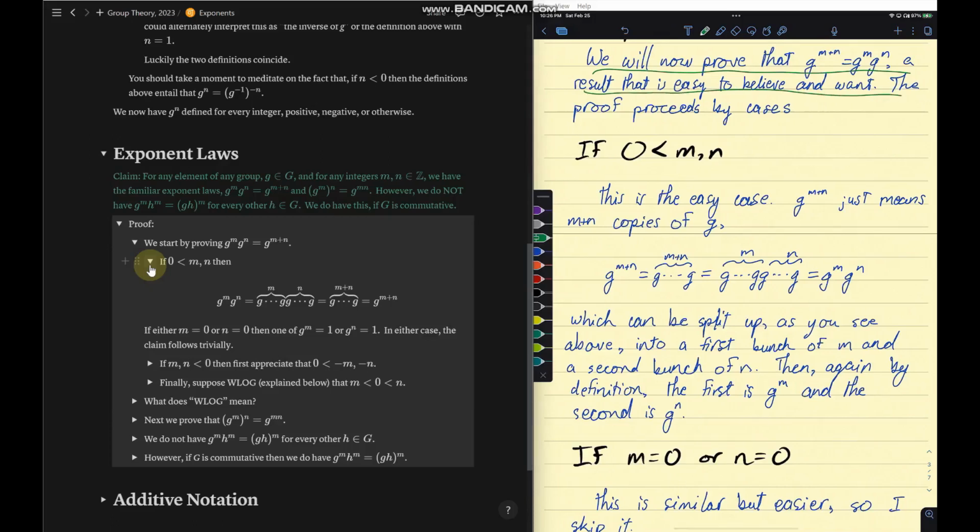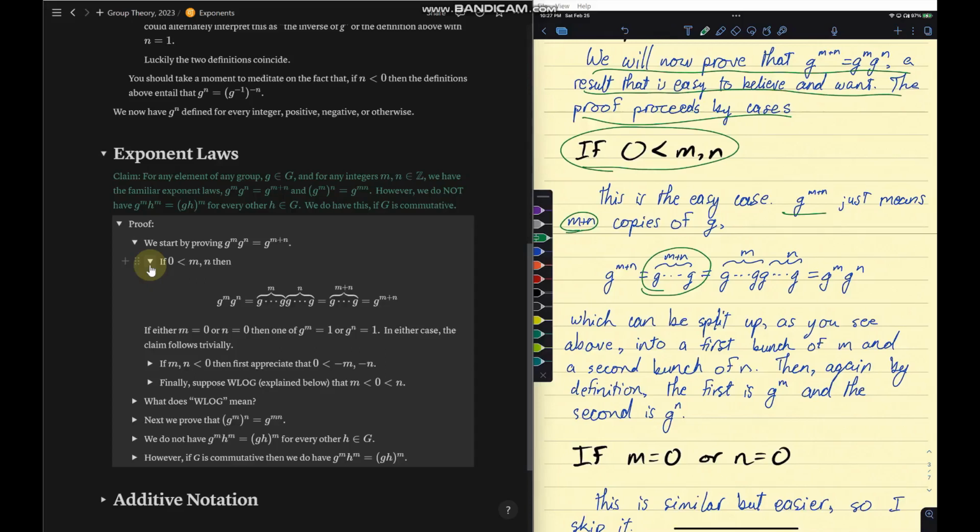This is a result that is easy to believe and want, and the proof proceeds by cases. The easiest, or at least among the easiest cases, is when both m and n are strictly positive. In this case, g to the m plus n just means, because it is positive, this many copies of g product with itself. So that's what we see here.